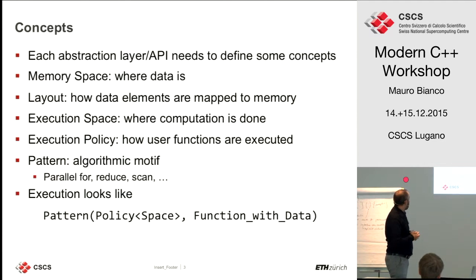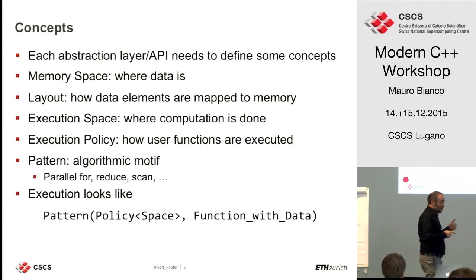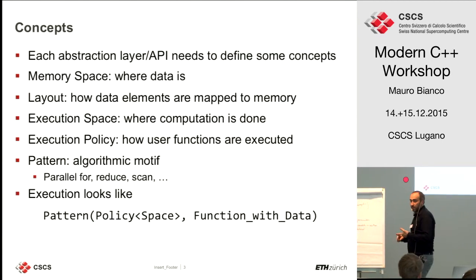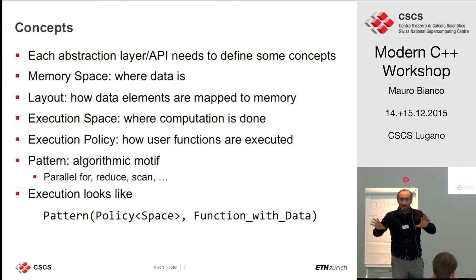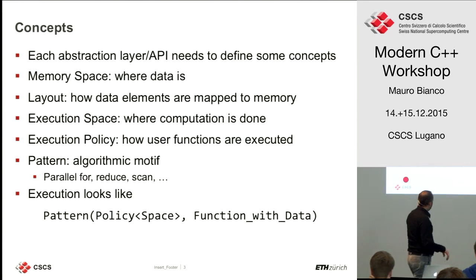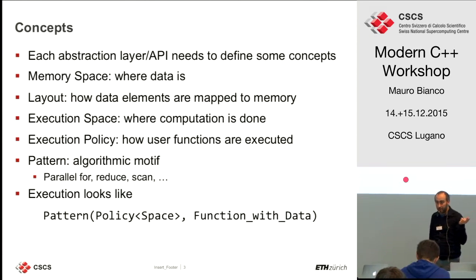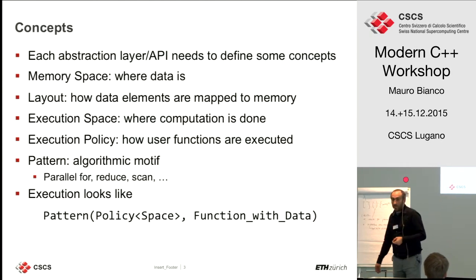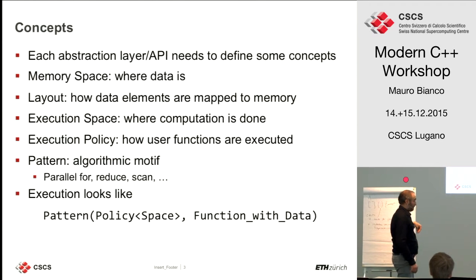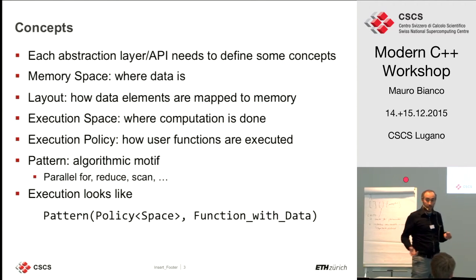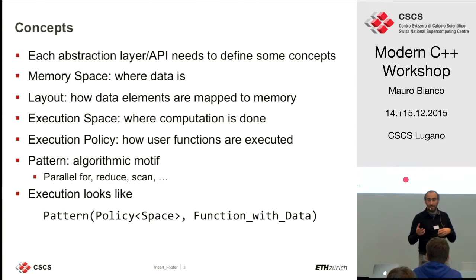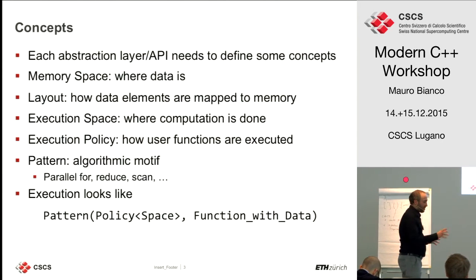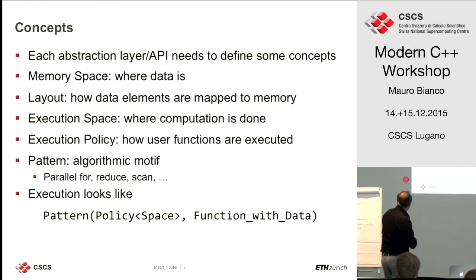For Kokkos, the major structures are the memory space, which is where data lives; layout, how the data elements are mapped to the memory; the execution space, so where it is executed, where the cores and the functional units are; and the execution policy, which is how these functions are being executed. It could be parallel, sequential, or other ways. We will see, probably, if there is time, some example.